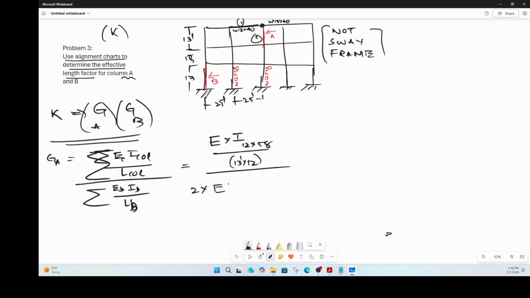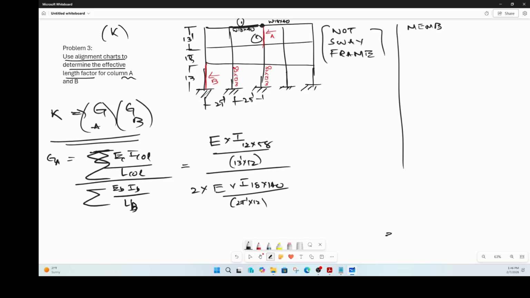you have E times I of your 18 by 40 divided by the length of that beam, which is 25 feet times 12 inches, right? So you need to find out your member properties now.